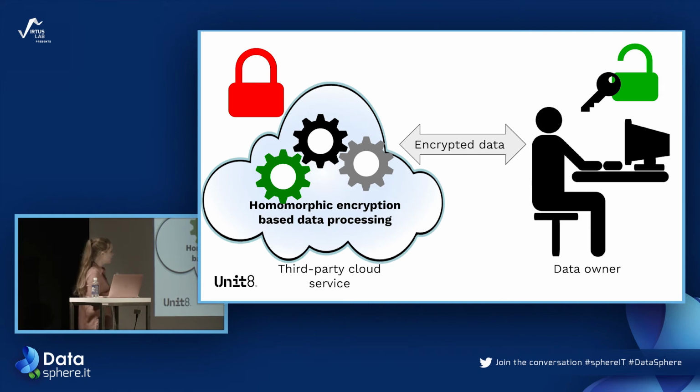In such a scenario, the third party can do computation directly on ciphertext and then send the data in encrypted form back to the user. And that user, the data owner, can then apply his encryption key, which was never shared with the third party, and he will get the result in unencrypted form.